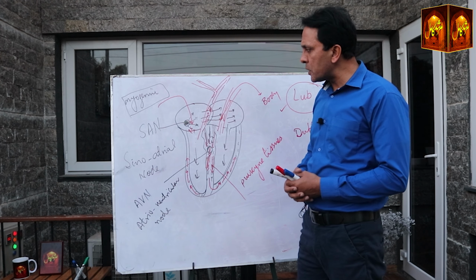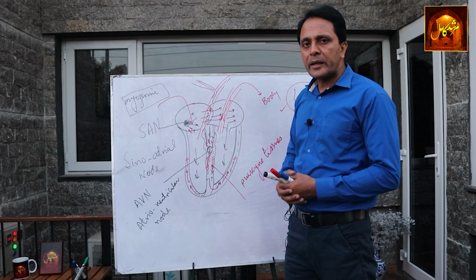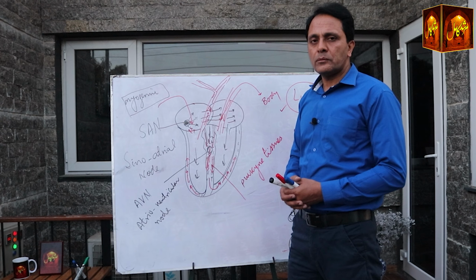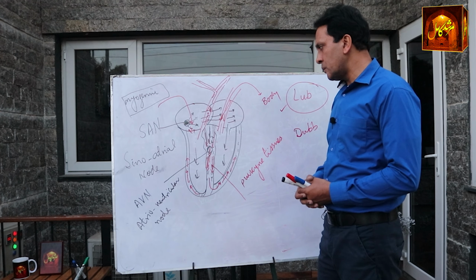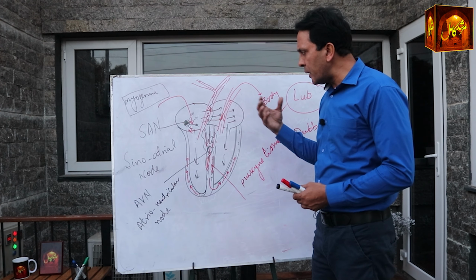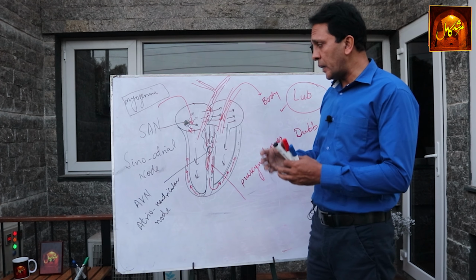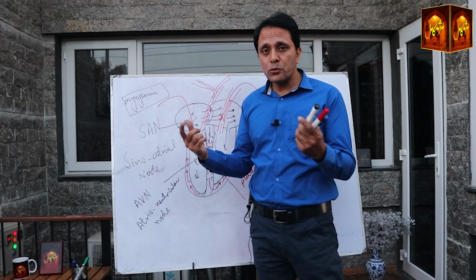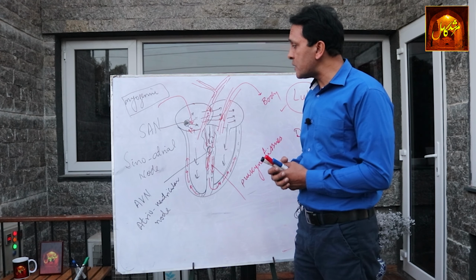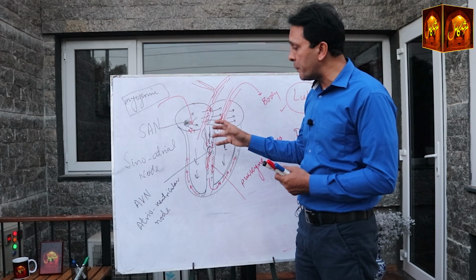So a special condition is created at that time that is called fibrillation. In fibrillation, the heartbeat becomes irregular.